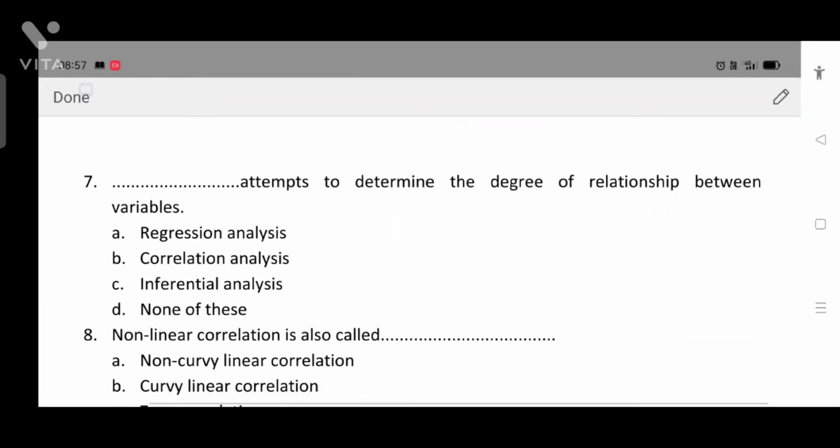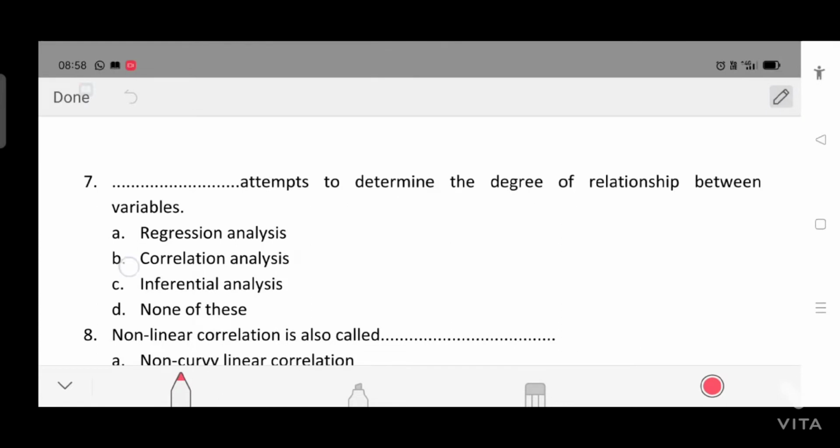Question 7. Dash attempts to determine the degree of relationship between variables. A, B, C, D. It is called, answer B. Correlation analysis.